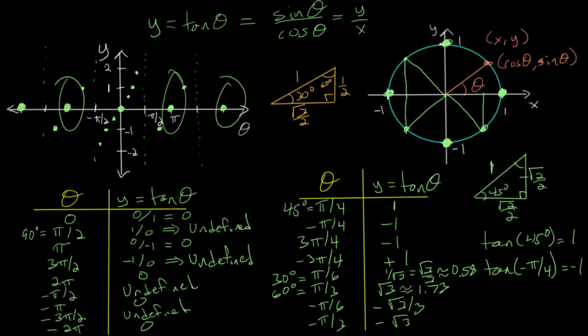And if you want to prove to yourself that this pattern does indeed repeat for every interval of essentially pi radians, starting at pi over 2, we can add pi radians as many times as we want to recreate these intervals. To prove to yourself that the pattern does continue, I encourage you to plot points in these intervals between what we have and see for yourself that you will get the exact same curve.